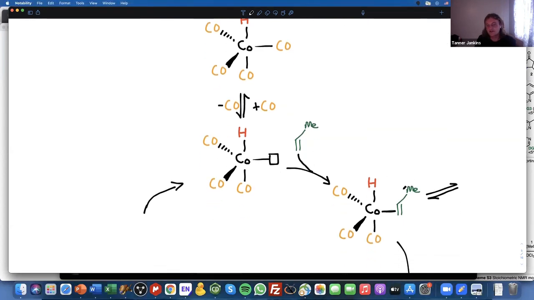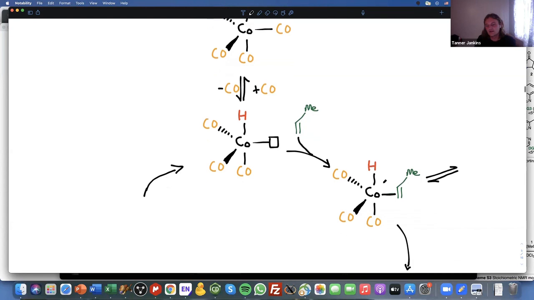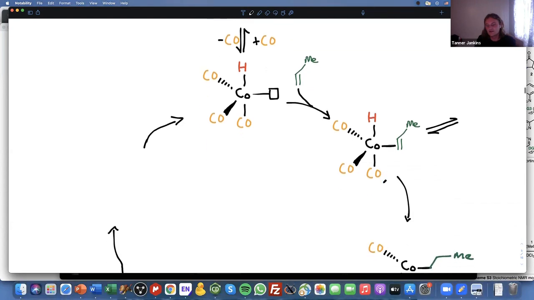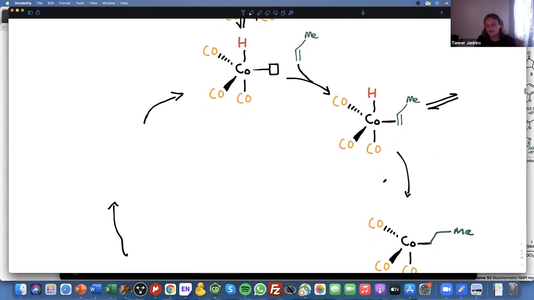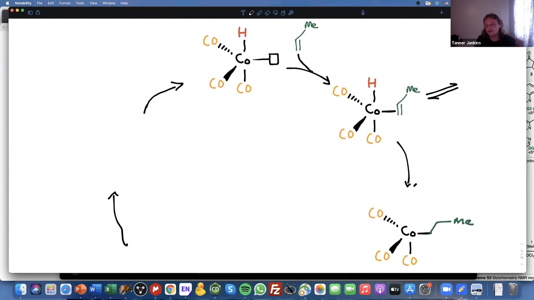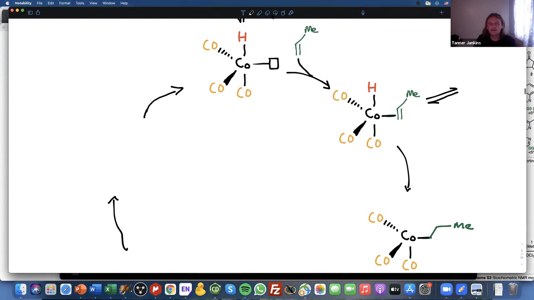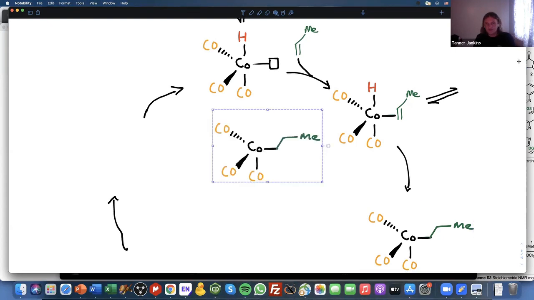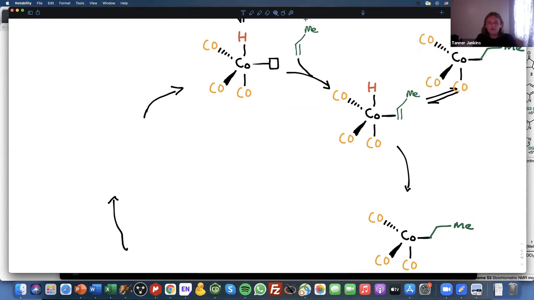And so after you lose a carbonyl and pick up the alkene ligand, you can undergo two processes. First is the insertion of the cobalt hydride to give the terminal metal alkyl species, and the other would be to give this species in a branched fashion where the cobalt is at the internal carbon.